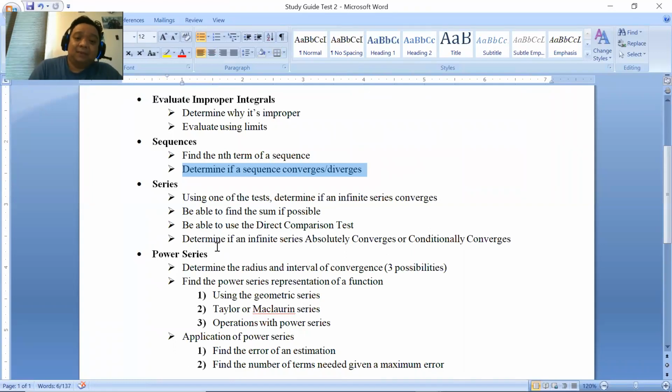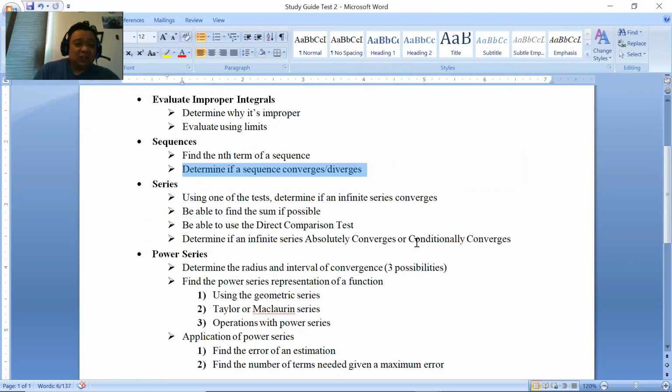And then last, absolute convergence and conditional convergence. I think this was the last thing we went over in class, right? So it's an actual in-class lecture. I think this was the last thing that we did before we got into that sort of mini break. And so make sure you know how to test for absolute and conditional convergence, right?